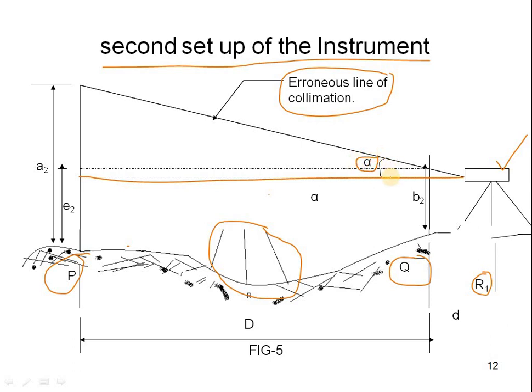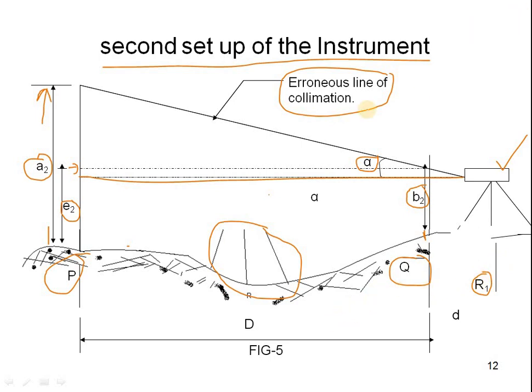The line outside the central one, pointing to the angle, is known as alpha, and this one is termed A2, from the ground level to the top of the angle. E2 is determined as the intersection point from the ground level, and this other one is B2, from the line to the bottom at ground level.